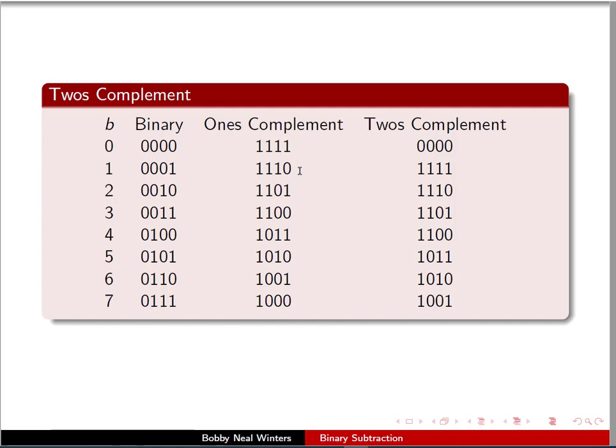And so if I look at any number in the ones complement column and it leads with a 1, that means this is a negative number. If I want to know what it's the negative of, I just flip each of the bits and get it back to its original form without the leading one.